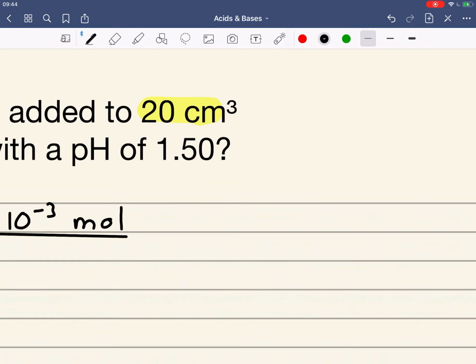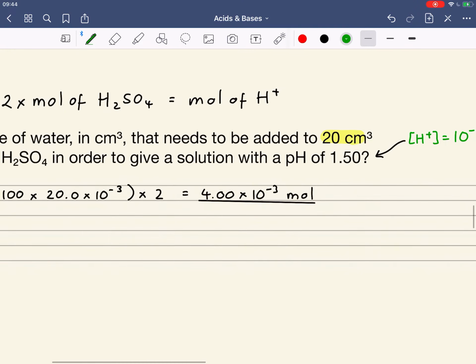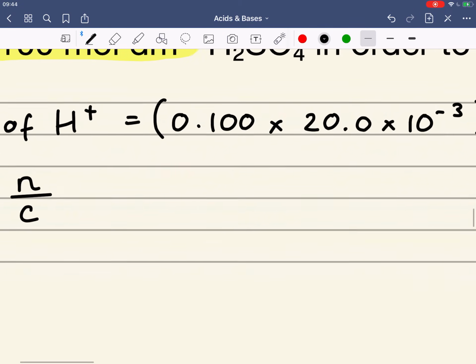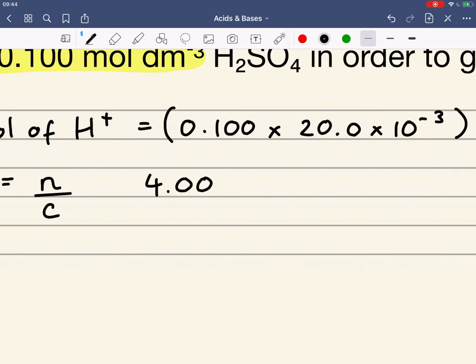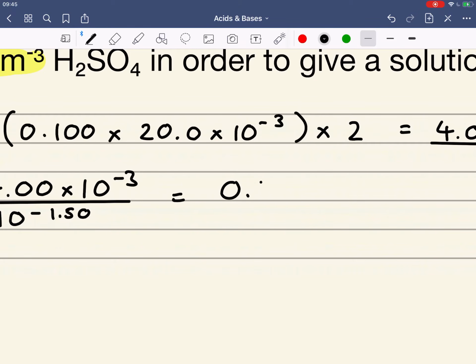So remember that we can use this because hydrogen ion concentration is equal to 10 to the minus pH. So the moles is 4 times 10 to the minus 3 divided by the hydrogen ion concentration, which is 10 to the minus 1.50. When you do that, you get an answer of 0.1265 decimetres cubed.